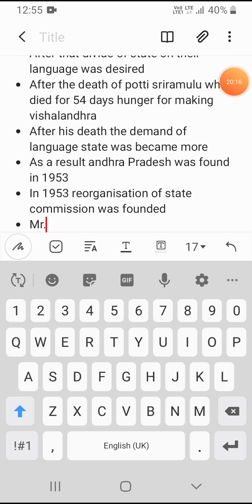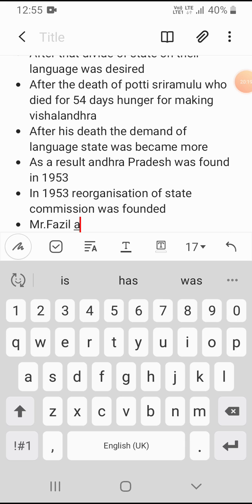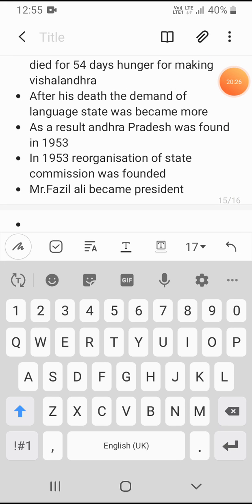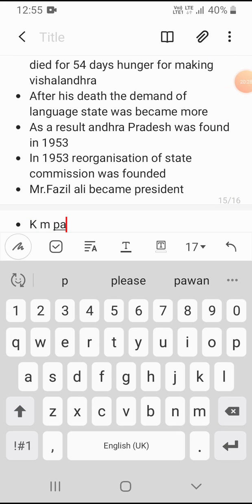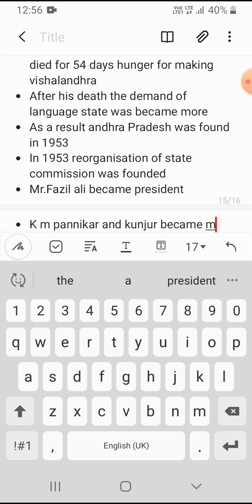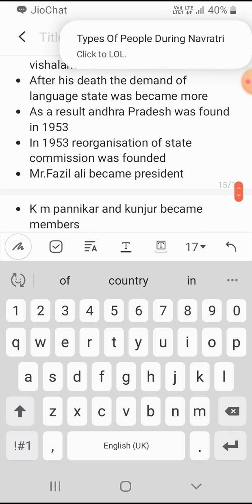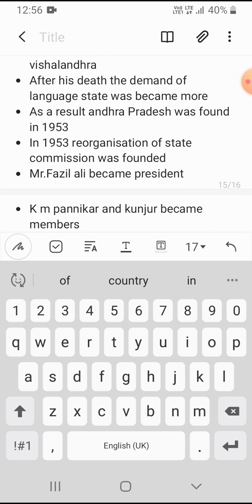Mr. Fazil Ali became the president of this commission, and K.M. Panikar and Kunzru became the members of the States Reorganization Commission.